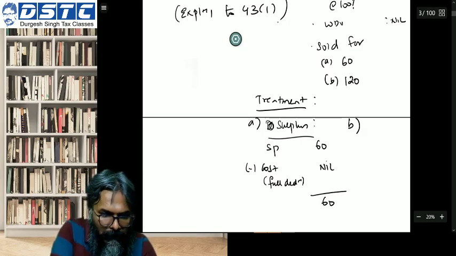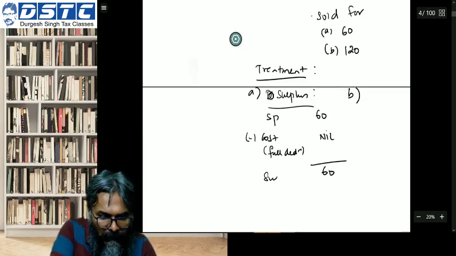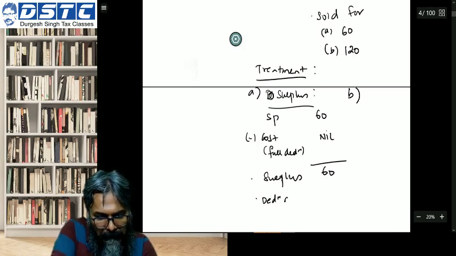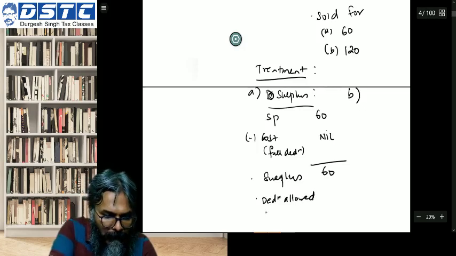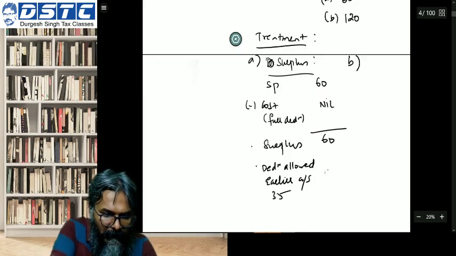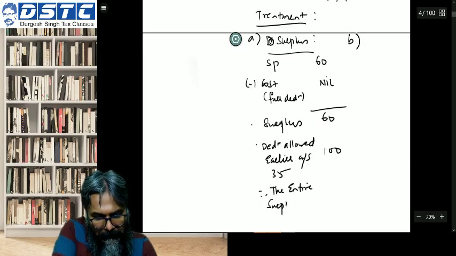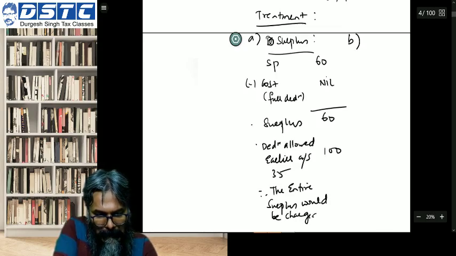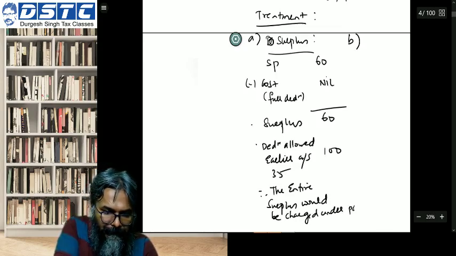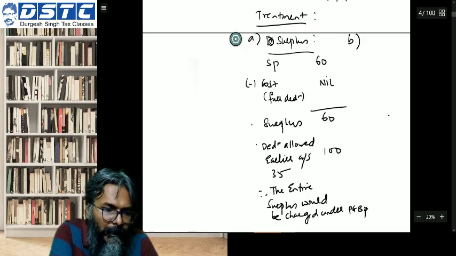So the surplus is 60. The deduction allowed earlier under Section 35 was 100. Therefore, the entire surplus would be charged under PGBP.